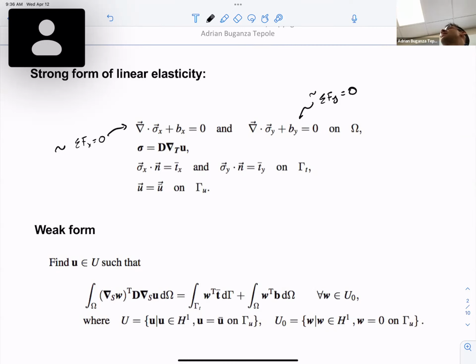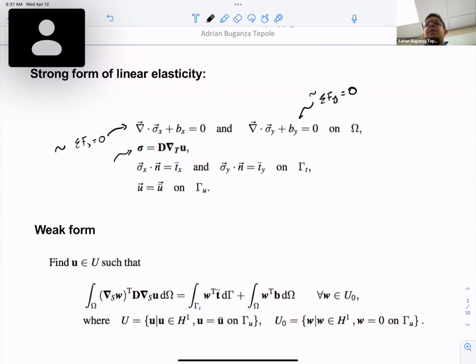And you can see that it's very similar structure to the heat transfer problem. So divergence of this traction vector sigma x plus some body force bx equals 0, divergence of the traction in y plus the body force in y equals 0. Also similar to the heat transfer problem, there's a relationship between stress and the gradient of the displacement.